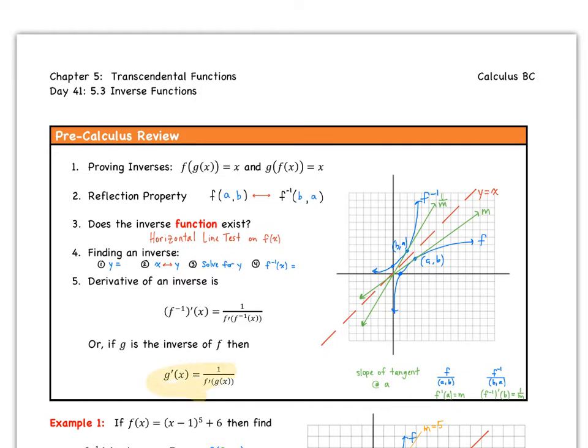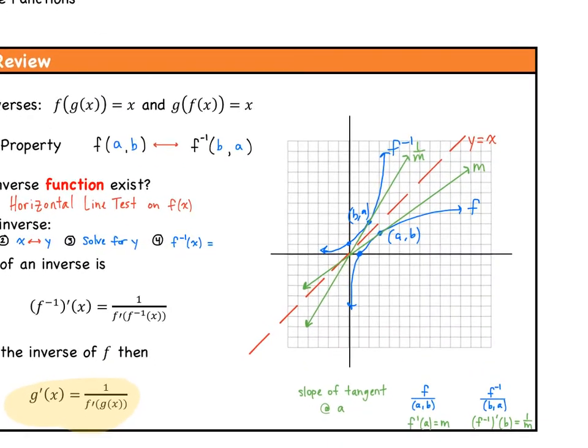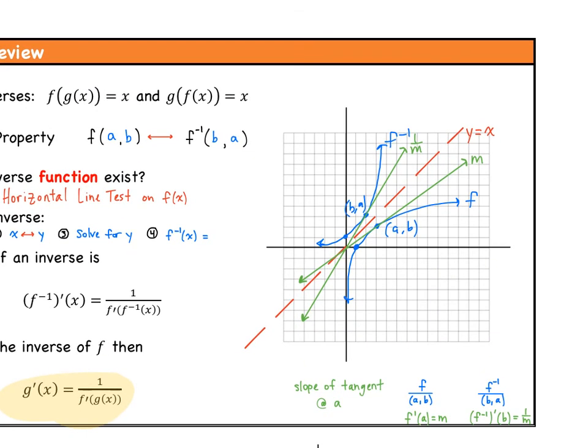If we're looking at the graphs of these inverses, what we need to start looking at is slopes at certain points of the inverse or of the original function. Let's suppose we plotted this graph, and I just chose random points.